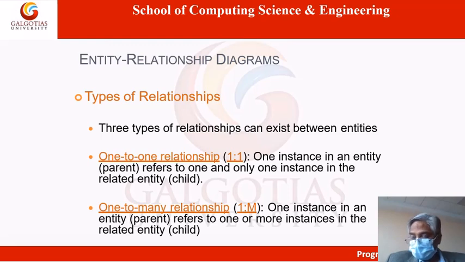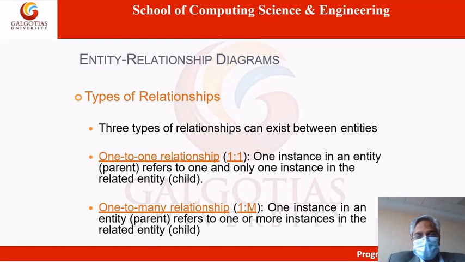Here, how this one-to-one is denoted: one instance in an entity refers to one and only one instance in the related entity. Means, suppose there are two entity sets. One entity set having the list of all husbands and another entity set having the list of all wives.